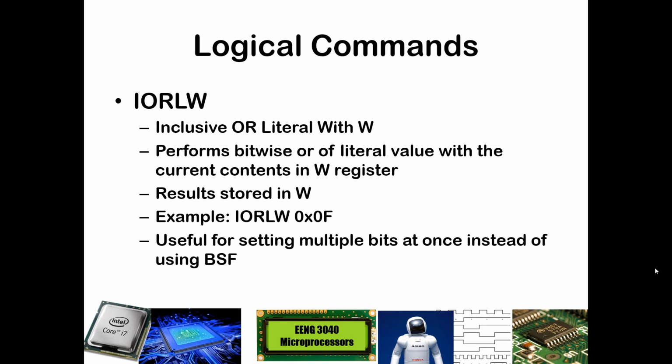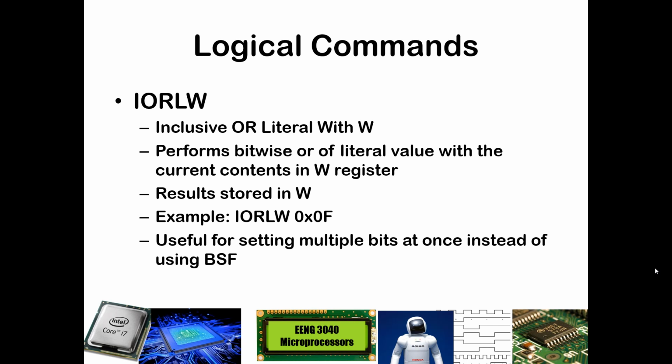You can do an OR with IORLW, and the I specifies that this is an inclusive OR, what a lot of people refer to as a traditional OR, a regular OR gate, and that is to distinguish it from the exclusive OR, which we will talk about shortly. So this does a bitwise ORing. This is a useful way to do multiple bit sets at once.